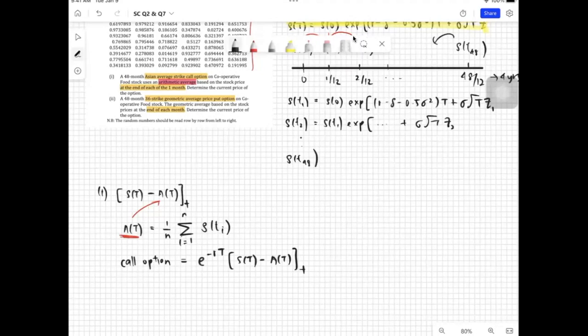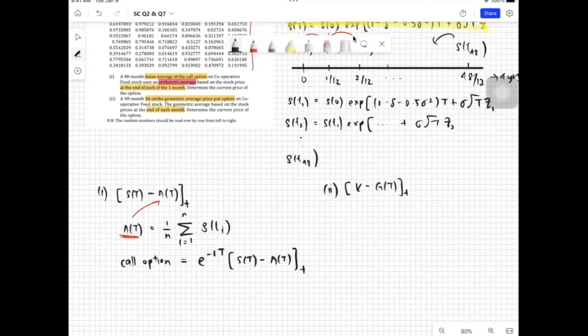Oh, and before that, I think I'll mention as well for question 2, the geometric average price put payoff is defined as K minus GT.